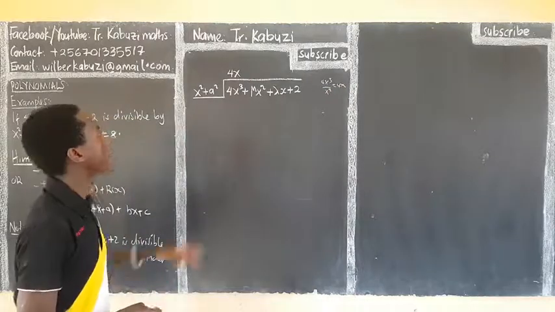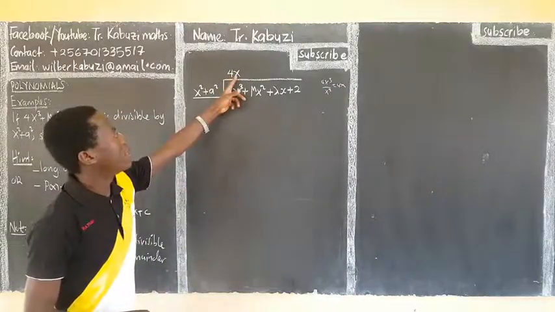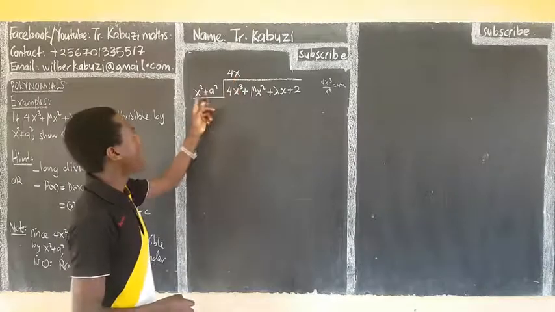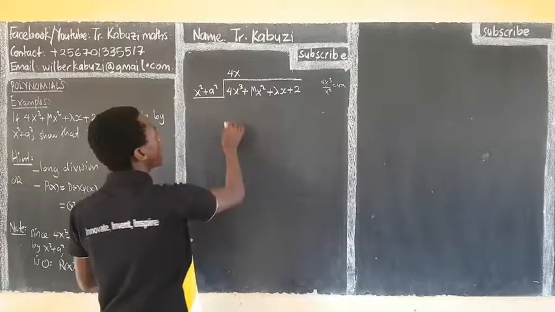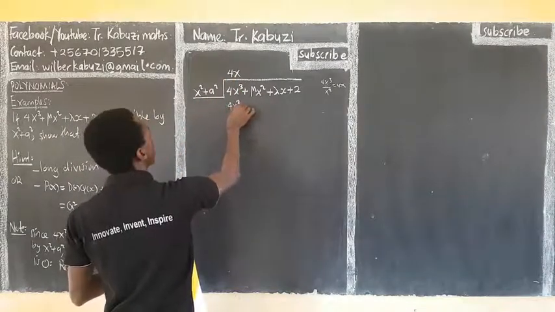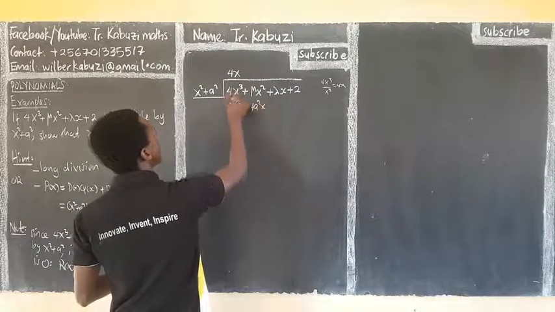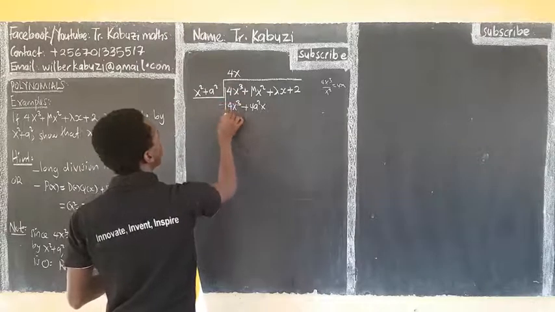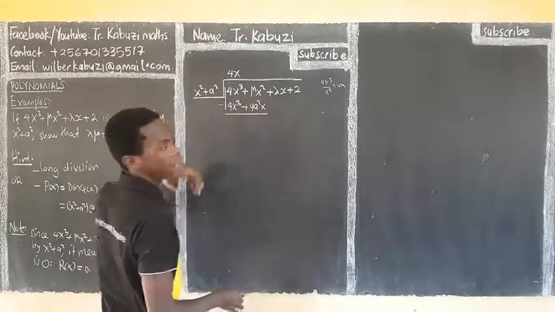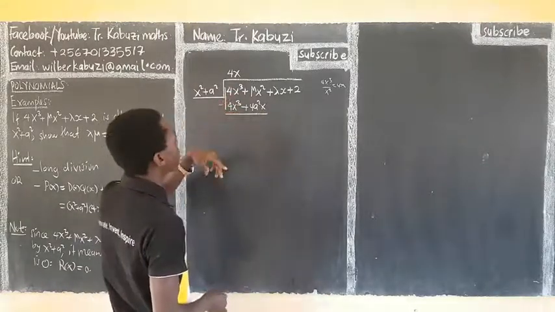That's how we divide. So then what we have got, we multiply it here and here. So this times this, we get 4x cubed. This times this, we get 4a squared x. Then after, we subtract to remove this degree. This minus this will be 0.